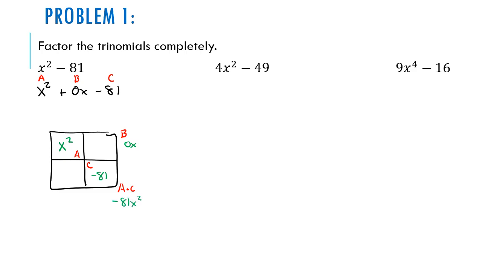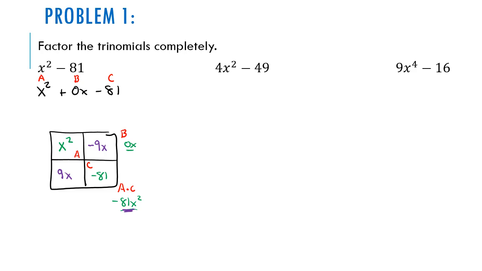Now we're trying to figure out what two numbers would multiply to give us negative 81x squared, but if you added or subtracted the two numbers, you would get 0x. So 9x times negative 9x makes negative 81x squared, and 9x take away 9x makes 0x. So we have the correct combination.